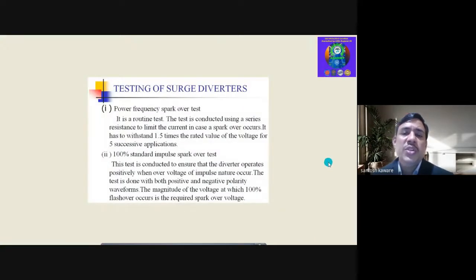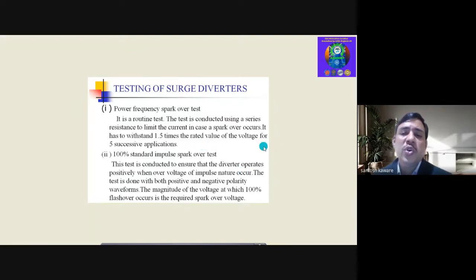So, testing of surge diverters. There is a power frequency spark over voltage test. This is a routine test, conducted using a series resistance to limit the current in case of spark over currents. This is just the arrangement: they connect a resistance in series, and check by applying 1.5 times the rated voltage.